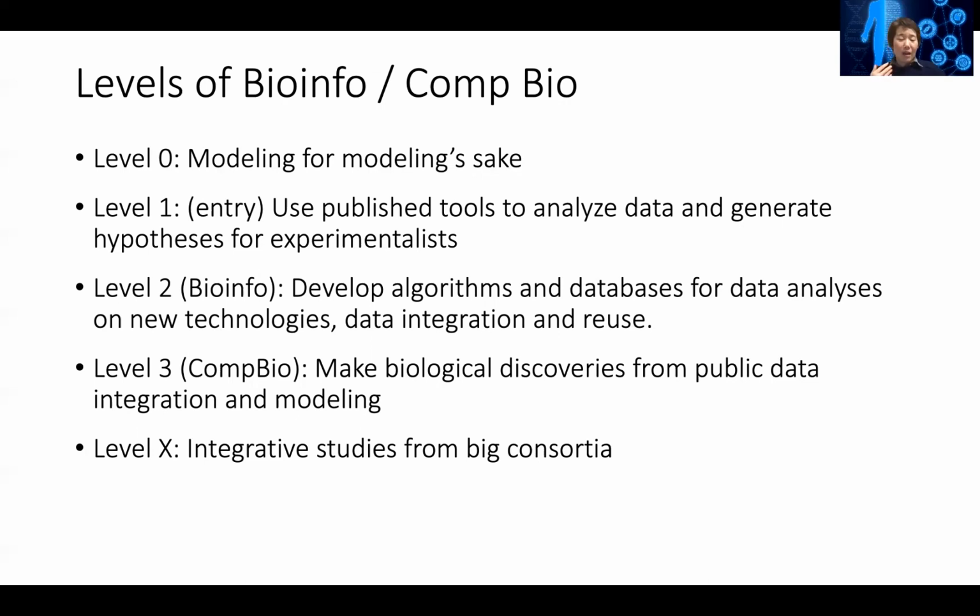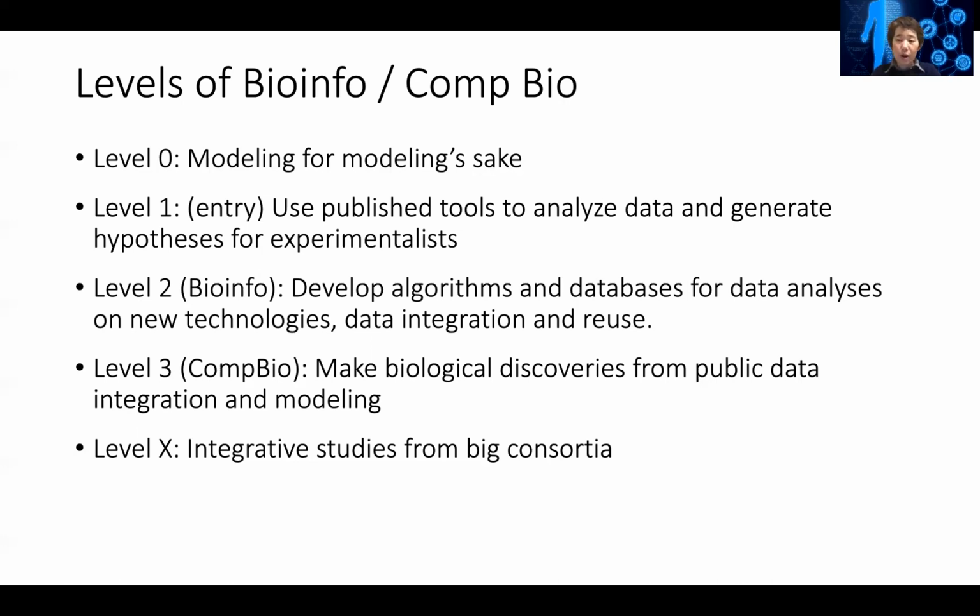Usually these consortium efforts generate a lot of data, not just for the data generators, but also for the community to reuse. And there are usually very good computational scientists in those teams to help integrate the studies together for publication.